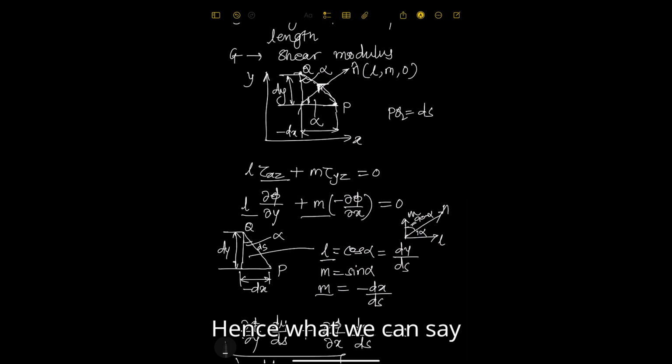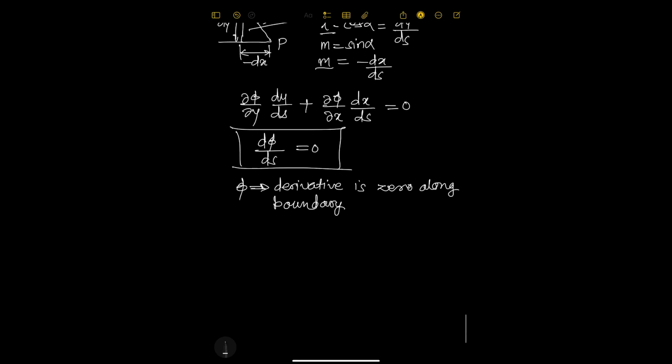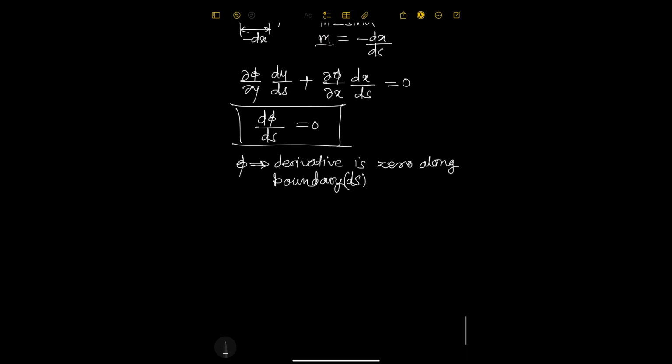Hence we can say that if we move along the boundary, the derivative of phi is 0 along the boundary s or ds.